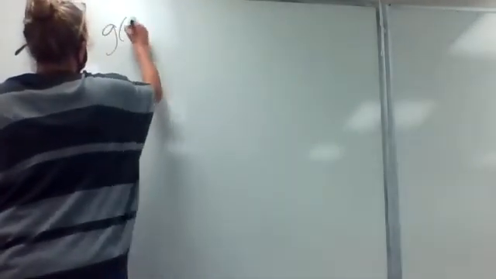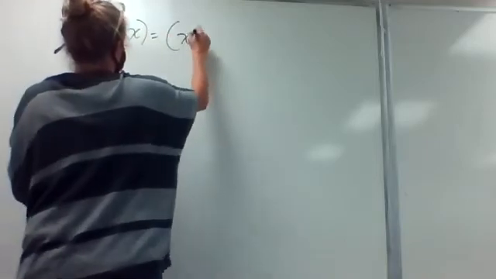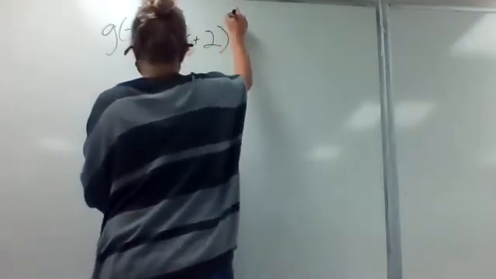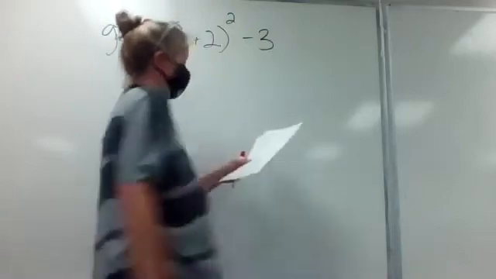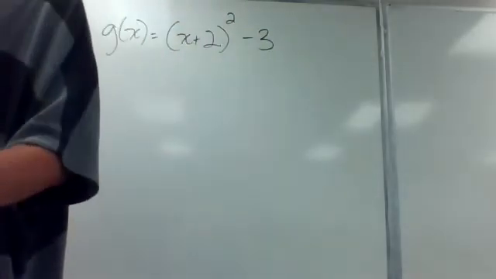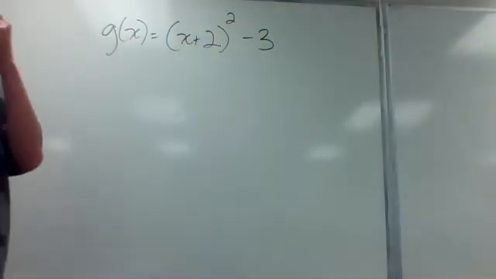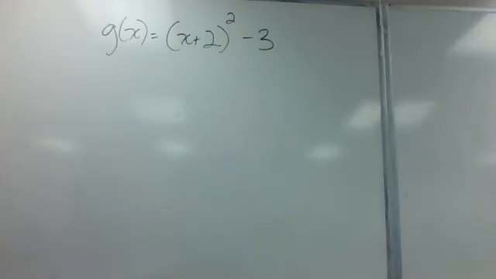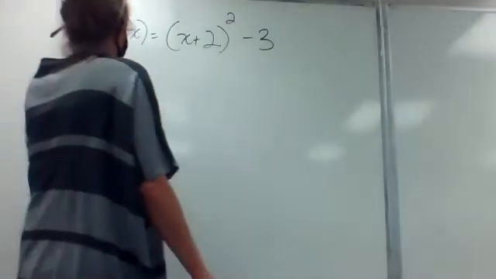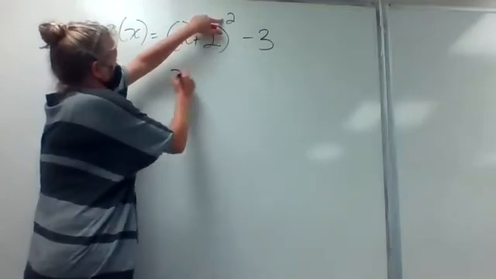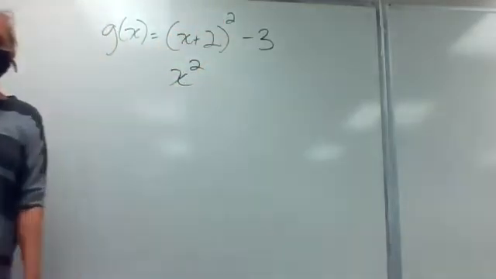Number 5, g of x equals (x plus 2) squared minus 3. So again, start off with the shape. It's the x squared graph.